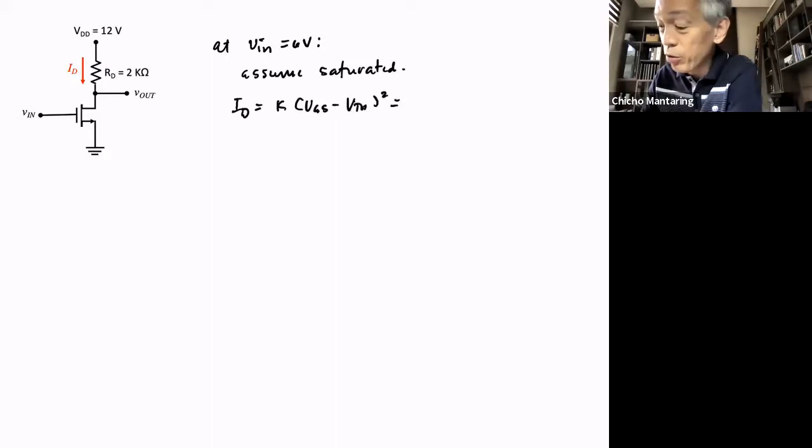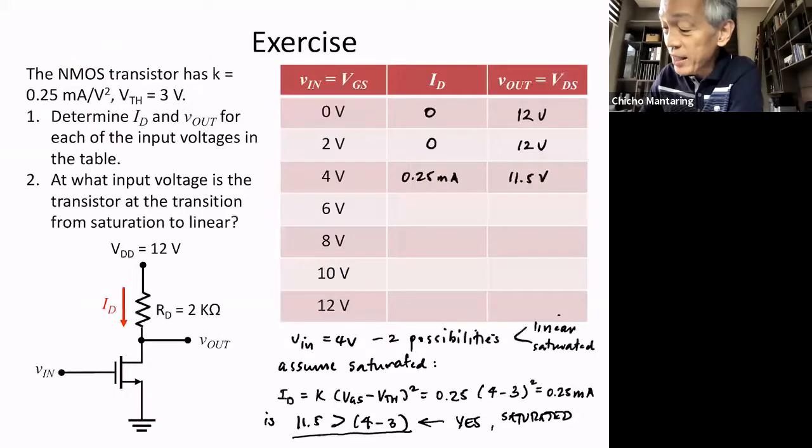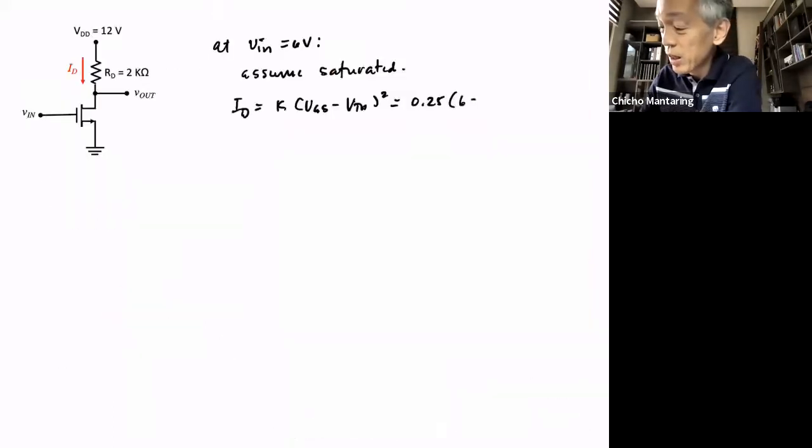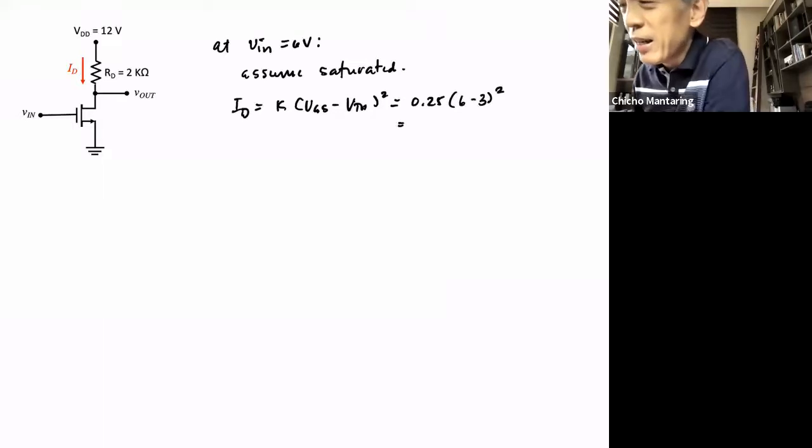So that is equal to 0.25. What is VGS now? That's 6 minus 3 squared. No? So 0.25 times 9. What does that give me? 0.25 times 3 squared. This will give me 2.25 mA.